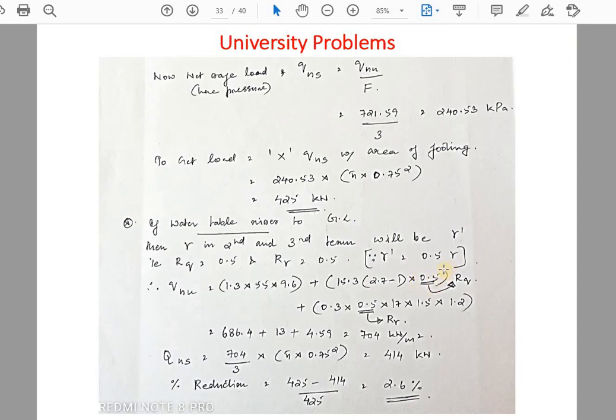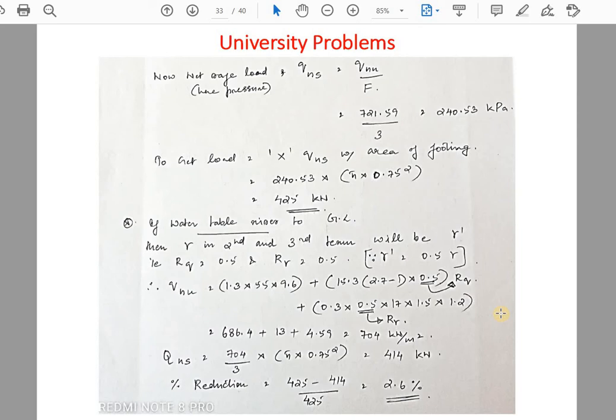Finally you have the net ultimate bearing capacity as 704 kPa, and the safe load is around 414 kilonewton. That means when the water table has reached the ground level, there was a 2.6% reduction in the safe bearing capacity. So that was asked in the problem.